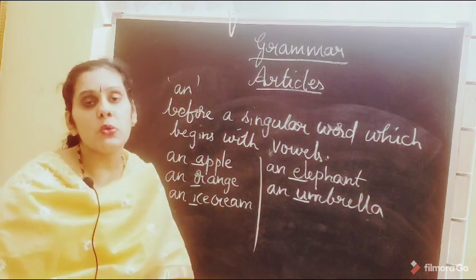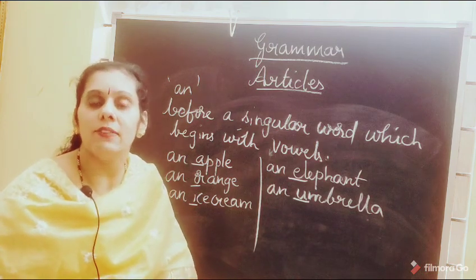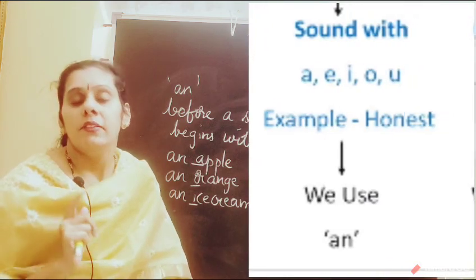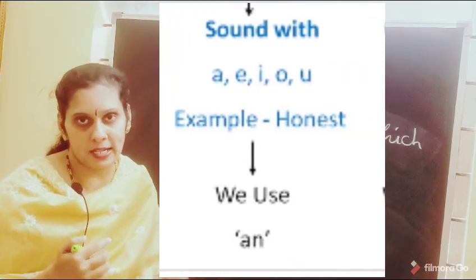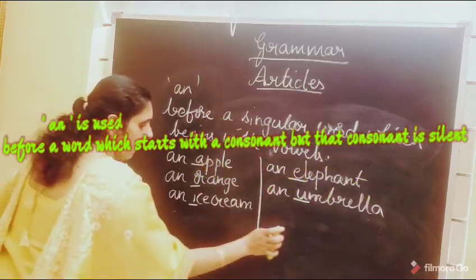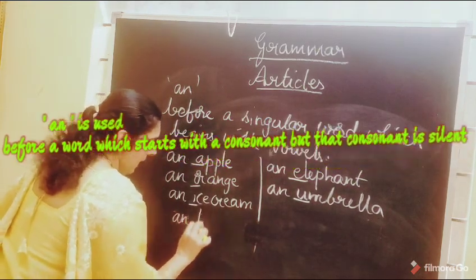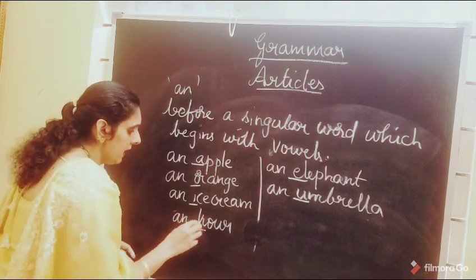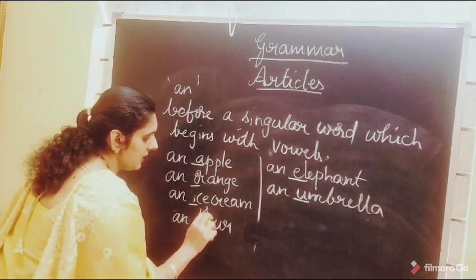We also use an before a singular word which begins with a consonant, but that consonant should be silent when we pronounce it. Let me take an hour, an honest man. Here H is silent. Though H is a consonant, it is silent.